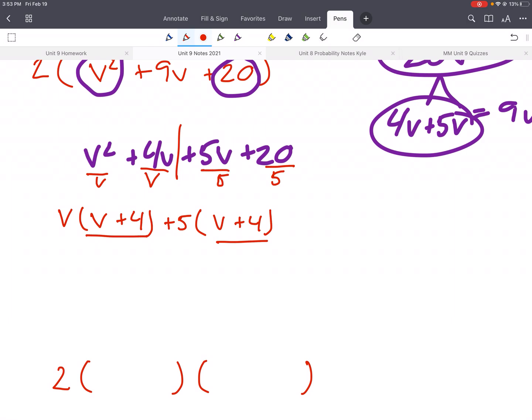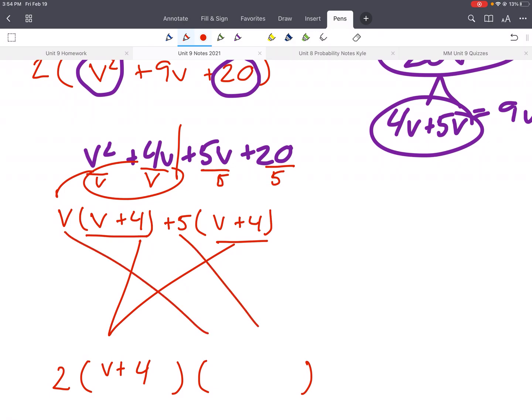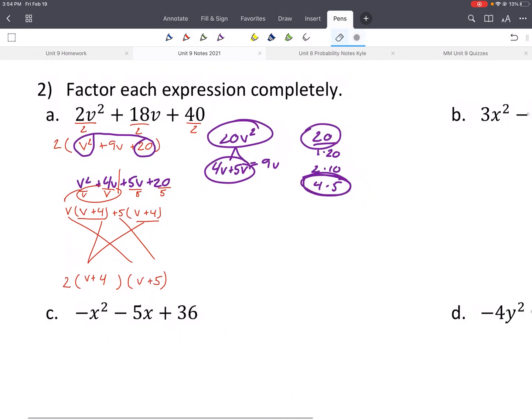And since they are, that means we can take them out. We can factor those out just like we took out a v into the front. Now we can take out a v plus 4. So we'll put that in the front, v plus 4. And then what's left goes in the other parenthesis.